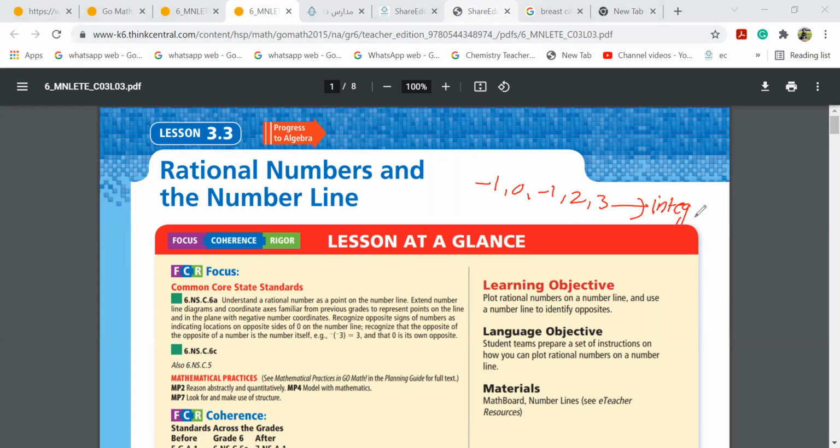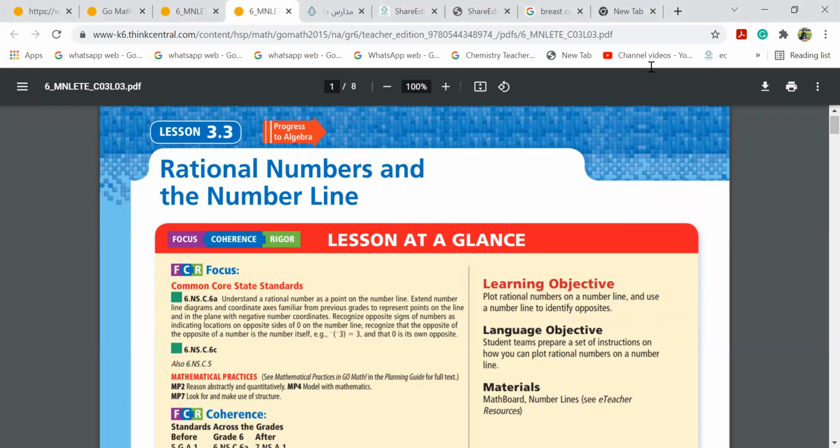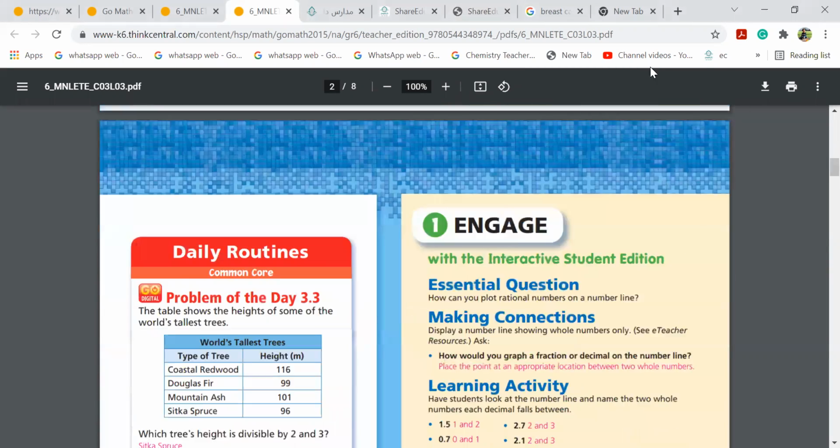In grade 7 your teacher will ask you again. The positive, the negative, and 0, all are integers. Now today, we will learn about rational numbers and the number line.